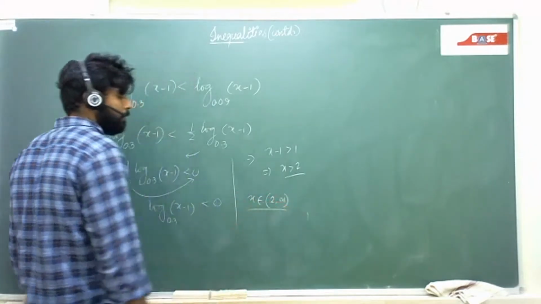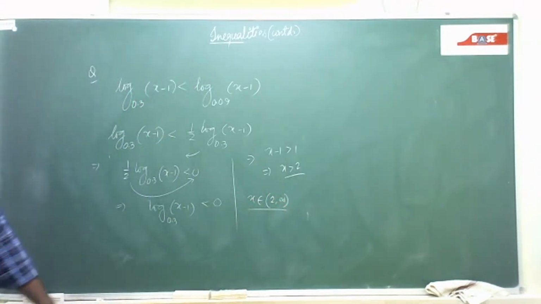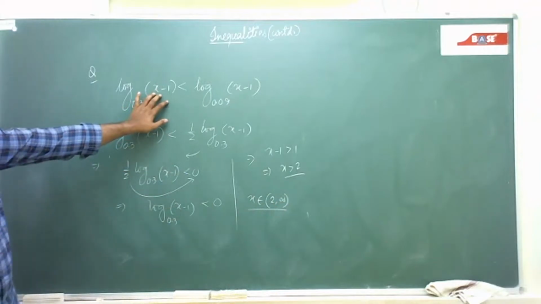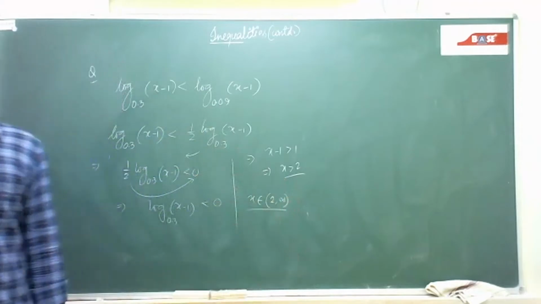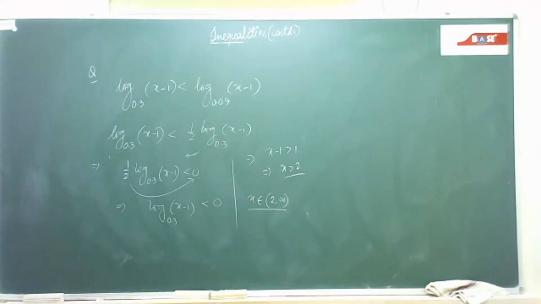One more thing, if you notice, we don't need to check the validity of x because validity says x is more than 1, but we are getting x more than 2. So the ultimate thing is x more than 2. Moving on. Next question.